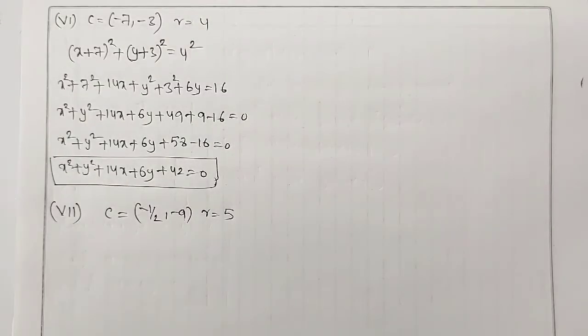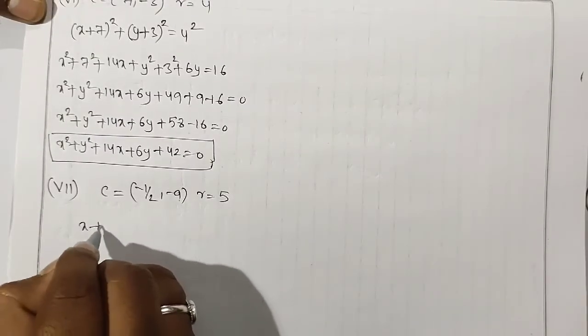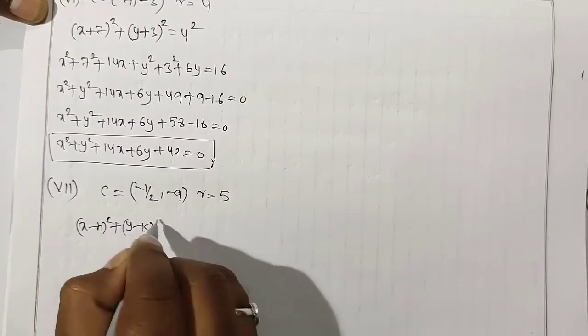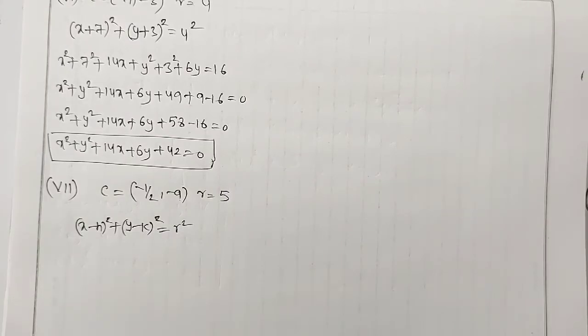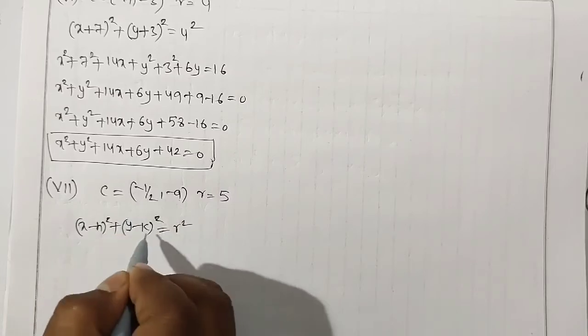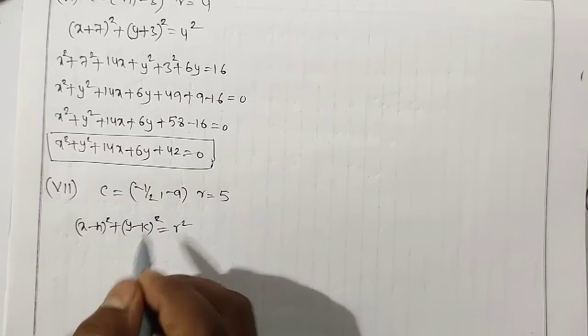It is an important question that has come many times in the IB exam. (x minus h) whole square plus (y minus k) whole square is equal to r square is the equation of the circle when the centre and radius are given. So here h is minus 1 by 2, k is minus 9, and r is 5.